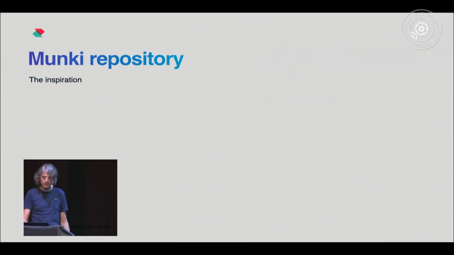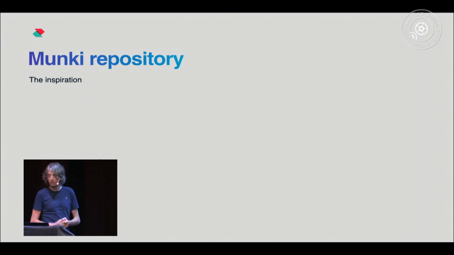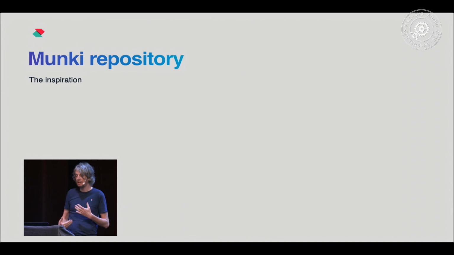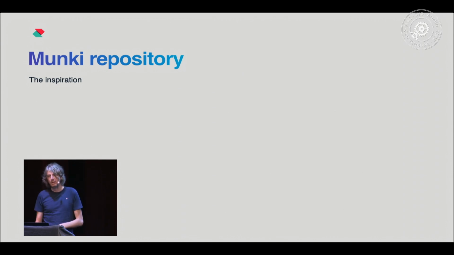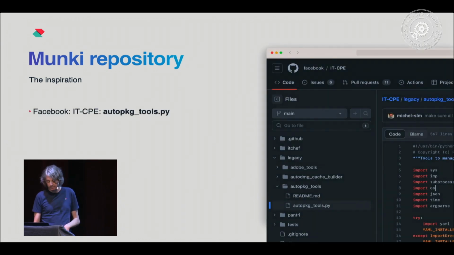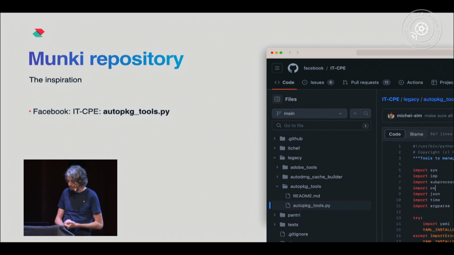The inspiration for the pipeline, when we looked at what kind of workflows were already in place for managing Munki, we found a string of projects. And I think, but I'm not the best historian here, I think that it all started with the release of AutoPkg tools from Facebook, quite a time ago.